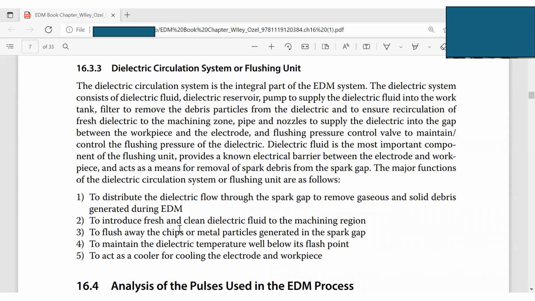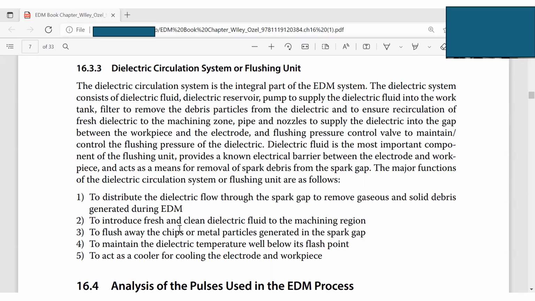Why? Because if you keep using this EDM to machine the workpiece, the heat will definitely transfer to the dielectric fluid. As a result, the dielectric fluid will have a higher temperature. So now you need to maintain the temperature, just lower the temperature.